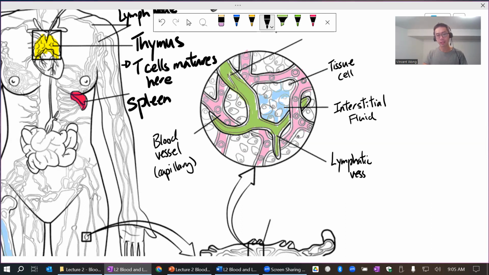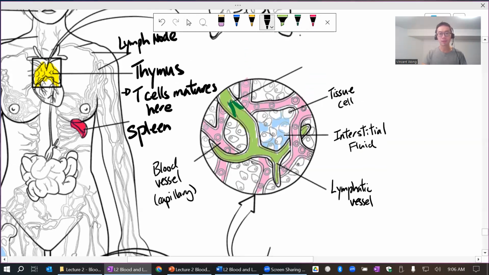Lymphatic vessel. Now, the thing I forgot to tell you about is that lymphatic vessels don't have a pump like the blood vessels do, which is why they have these valves. This is a valve in the lymphatic vessel. The reason we need that is because the flow of lymph is quite slow due to the lack of a pumping system.